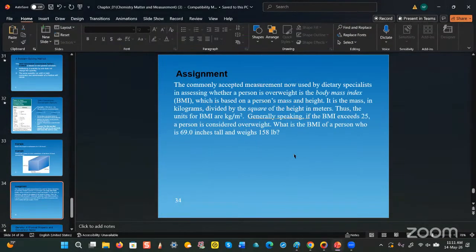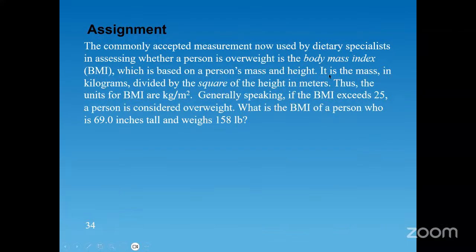Oh, another example. Now, this question has to do with a measurement that is used in health sciences, the body mass index, which is, I guess, one of those measures of health, basically.